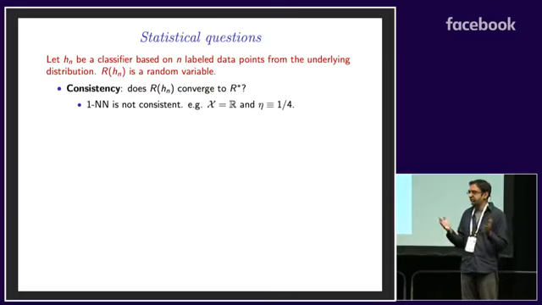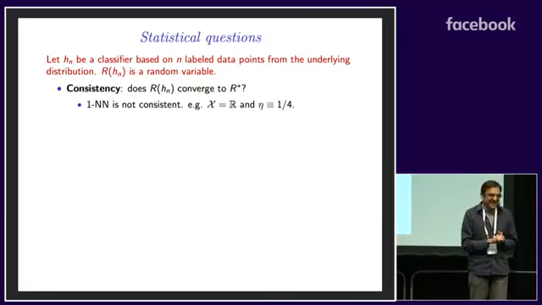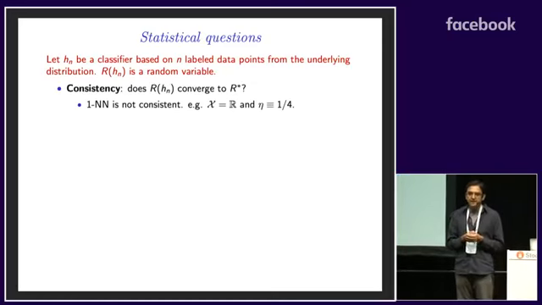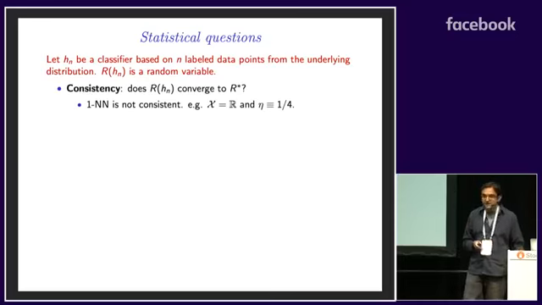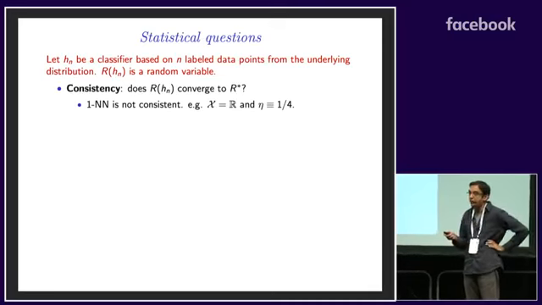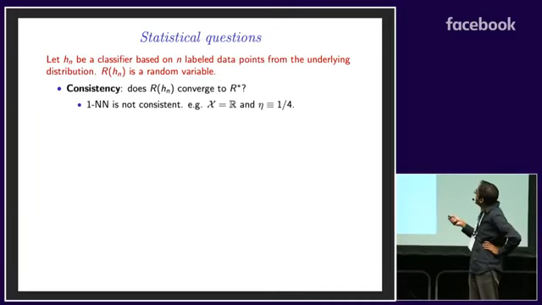Obviously this is not something we can expect of a linear classifier. But when we have a non-parametric method, one that has a potentially unbounded number of parameters, there's the possibility that it will be able to fit any decision boundary no matter what. And that's called consistency.